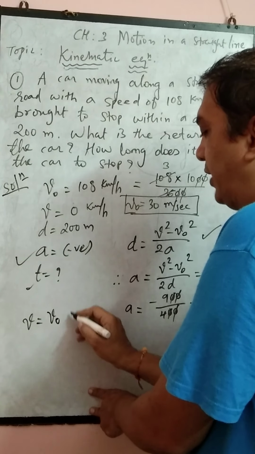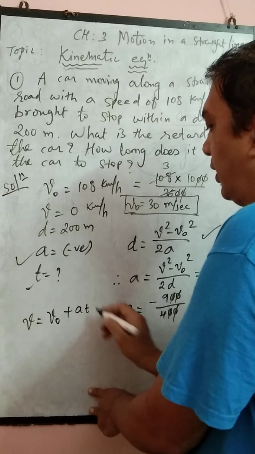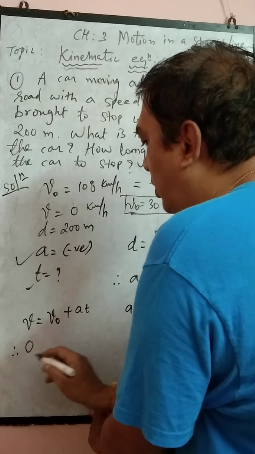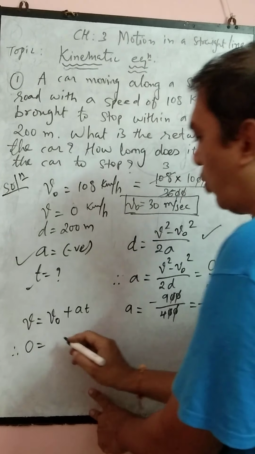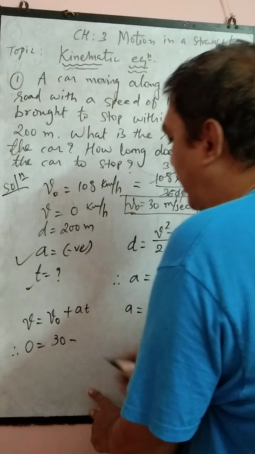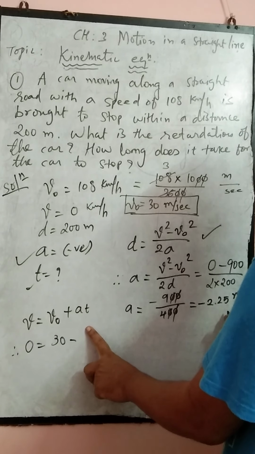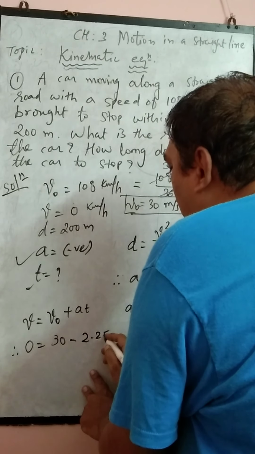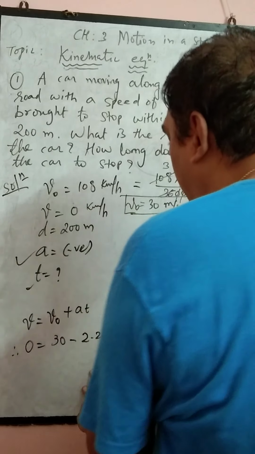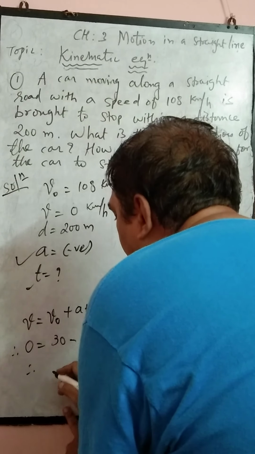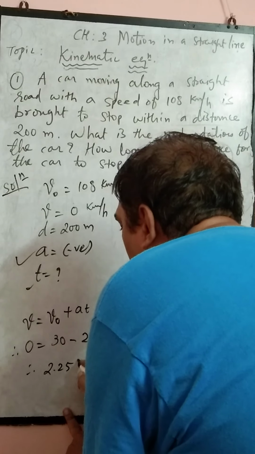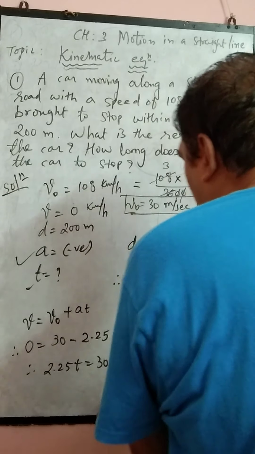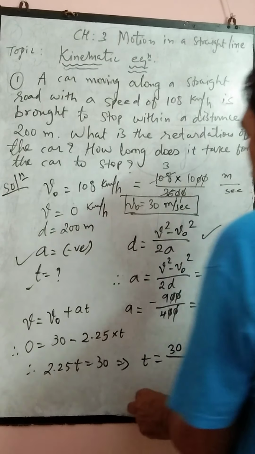First equation of kinematics, V naught plus AT is equal to V. V equal to 0, we know. So 0 is equal to V naught, V naught is what? 30, minus, as the value of A is minus 2.25, as this is the case of retardation, 2.25 into t, right? That means 2.25 into t is equal to 30. That means t equal to 30 divided by 2.25.